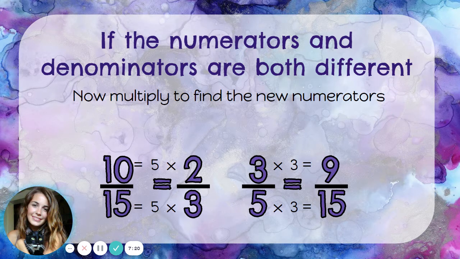So 2/3 is equivalent to 10/15, and 3/5 is equivalent to 9/15. Now I can easily compare because they have the same denominator. 10/15 is bigger than 9/15, only by 1 little 15th.